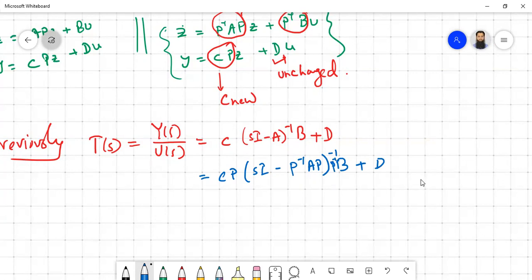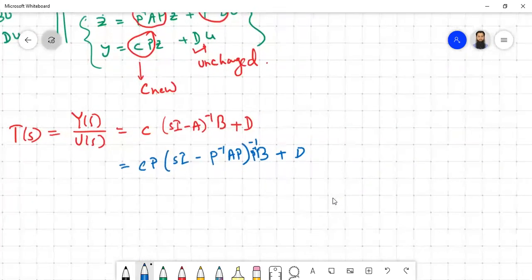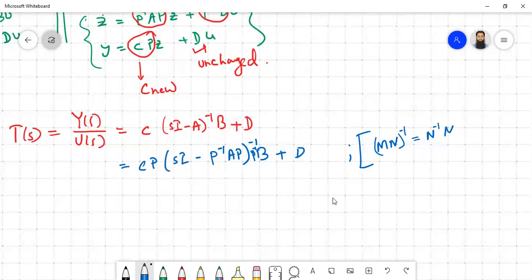Whether this gives you the same function or not is a concern, and we try to prove that as well. For that we have to use one identity of a matrix: (MN) inverse. If both of them are invertible, they are reversed while having individual inverses.